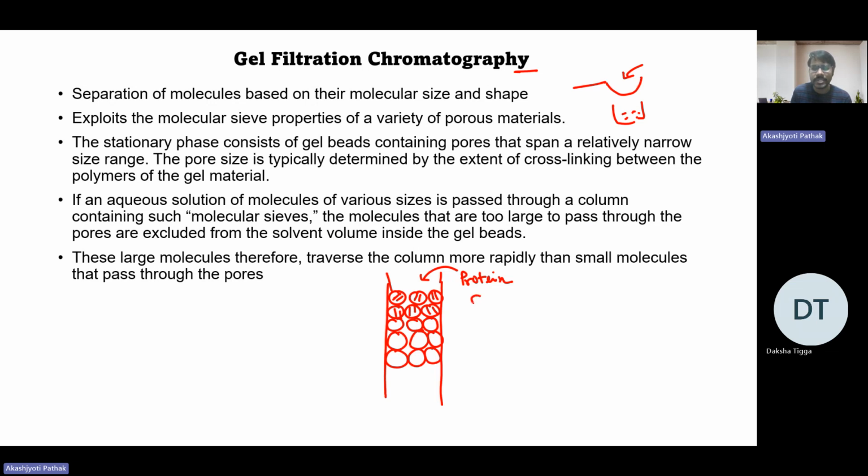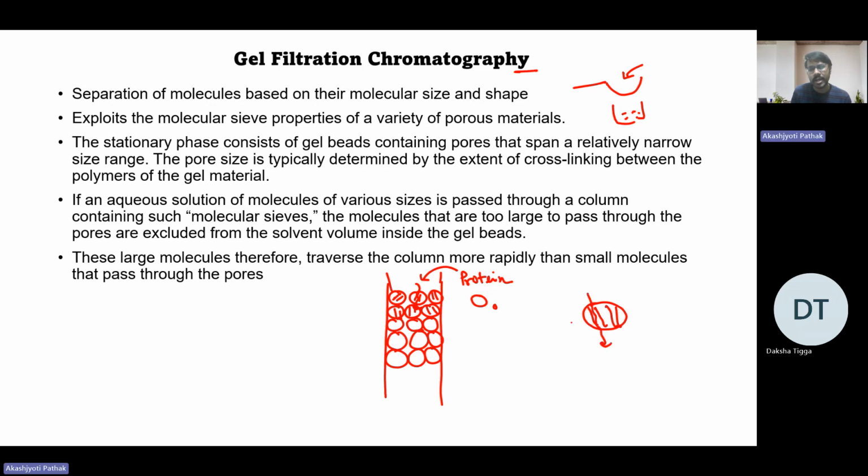Some will have large size, some will have small size, and there can be protein molecules which have sizes in between. The protein molecules which have small size will enter into these pores, and they will pass through the pores.